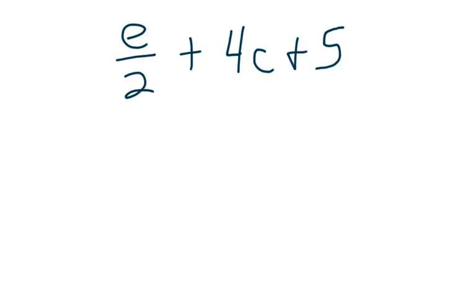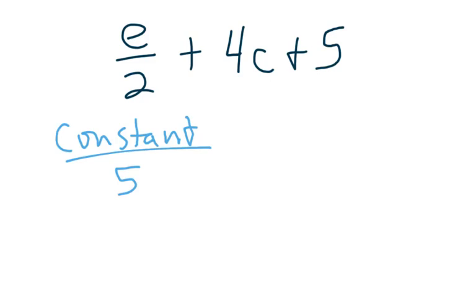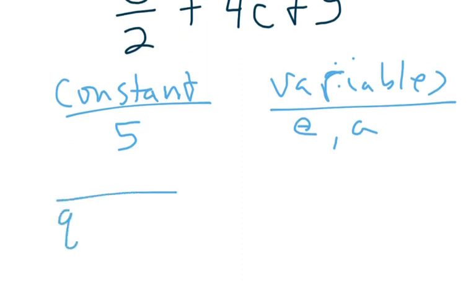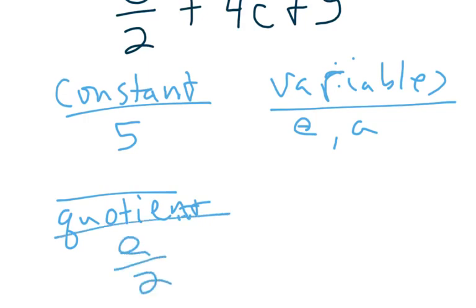And so now if we have this, we have several things we could say. We have a constant of 5, because the 5 is a number all by itself and it does not change. Variables are E and A. Our quotient is E over 2.